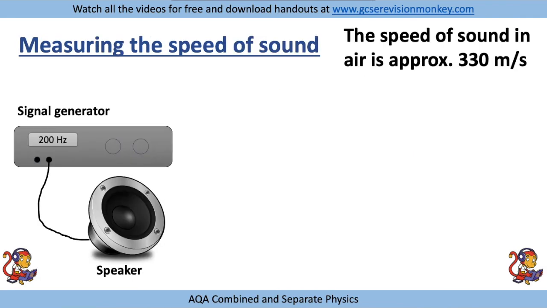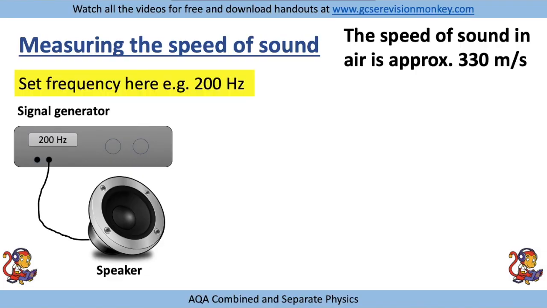The speed of sound in air is approximately 330 meters per second. So we can use the following equipment to measure the speed of sound. We've got a signal generator connected to a speaker, and we can set the signal generator to a particular frequency, for example 200 Hertz, and that means the speaker will oscillate backwards and forwards 200 times a second.